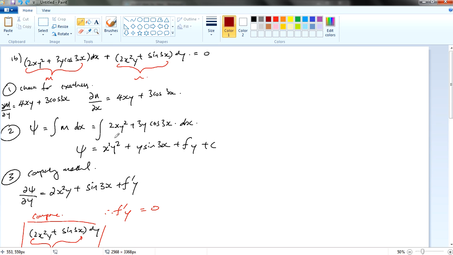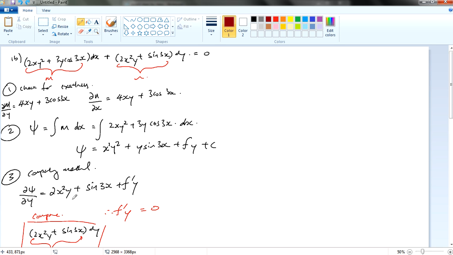You already have the answer, but you have this function of y, which you don't know what it is. So you need to solve for the function of y. In order to do that, you differentiate in terms of y, so that you have this equation, and then you compare it with the dy portion of the equation.